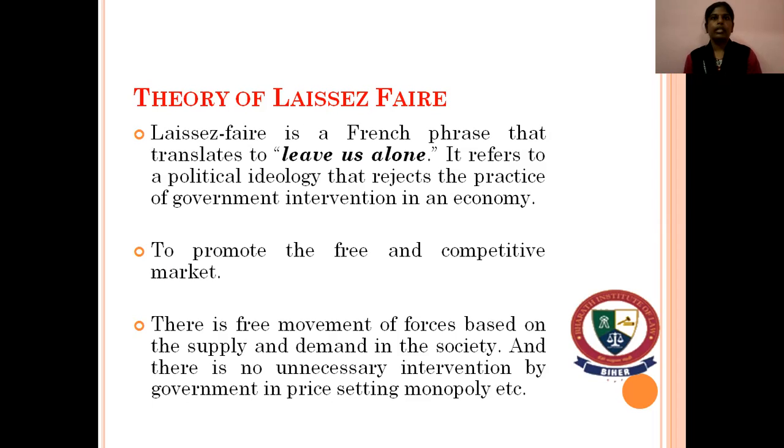Everything must be informed to the government, and I must get permission, and the government will give me the registration certificate as well as a license to do this sort of manufacturing process.